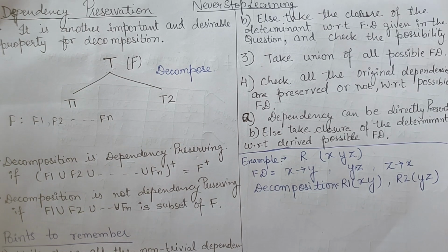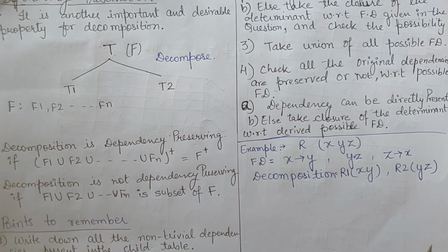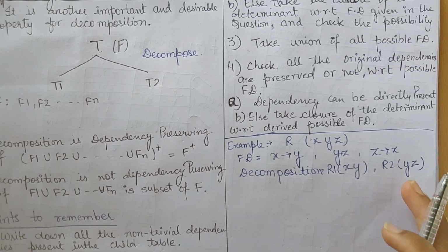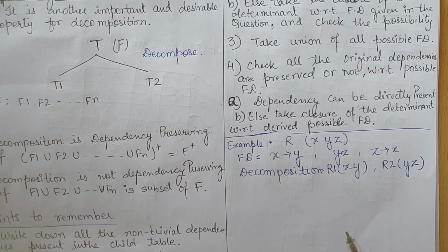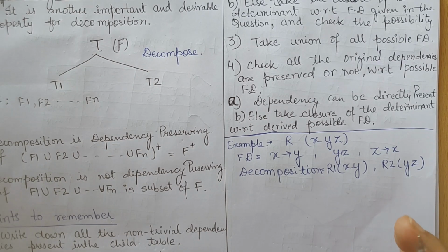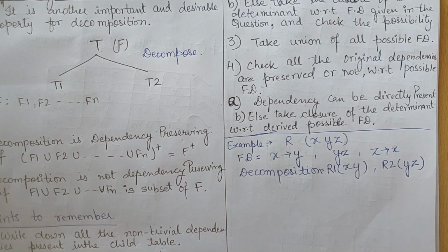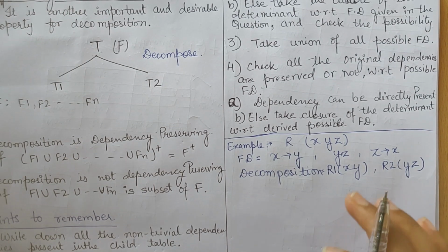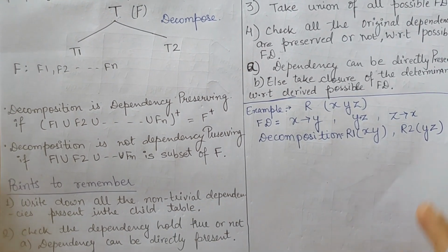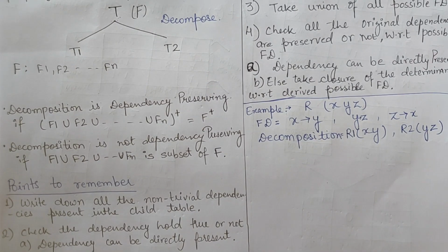Okay, so let's check with some examples whether our table, if we decompose it, is dependency preserving or not. Now, I have given a few points to remember here. We will solve the numerical using these points.